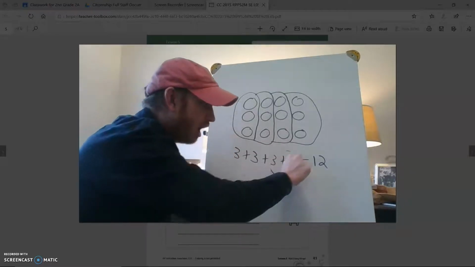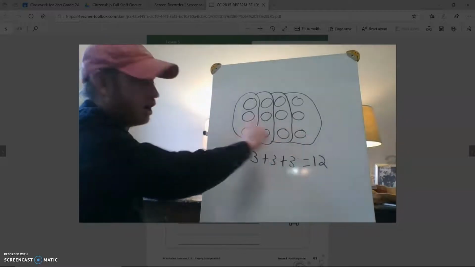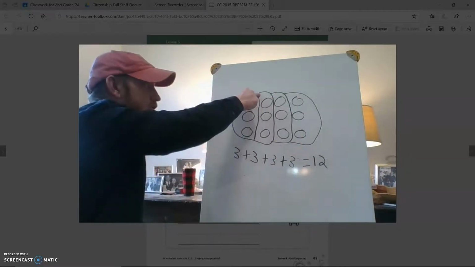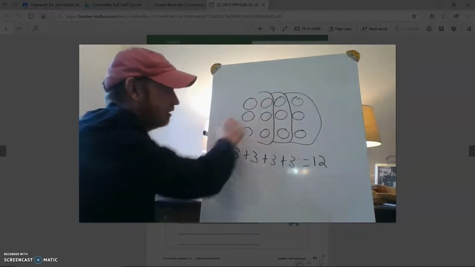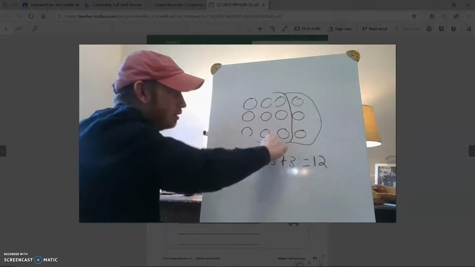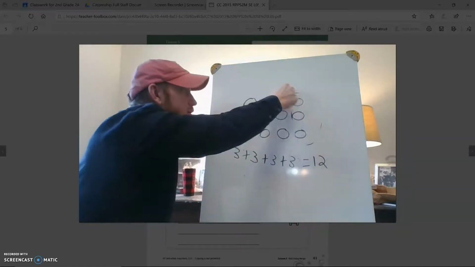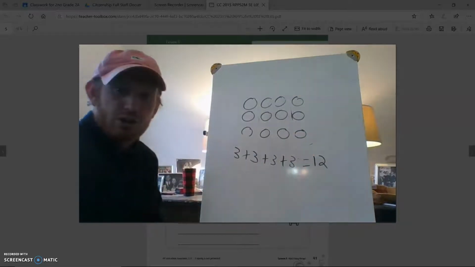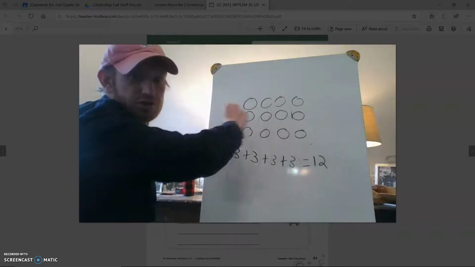Instead of going up and down, instead of going vertically, we could go across, side to side. So let me just clean up my picture here, and we'll do that. Okay. So what would happen if instead of going up and down, we went across?